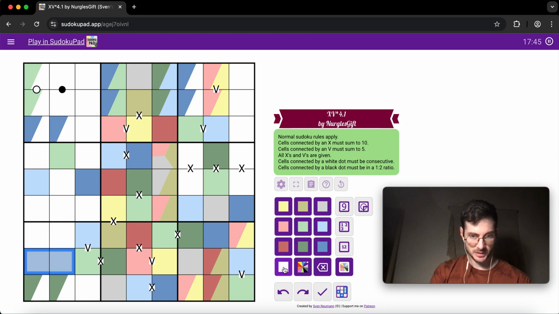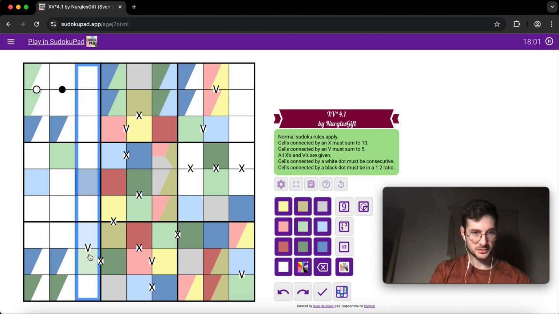We know one of these must be dark blue, and the other is whichever dark one this isn't. Thinking about dark green in this column, but I don't know if that's really going to get us anywhere.